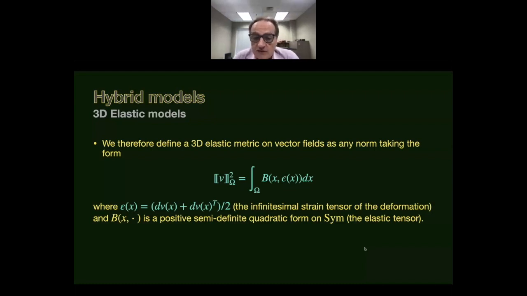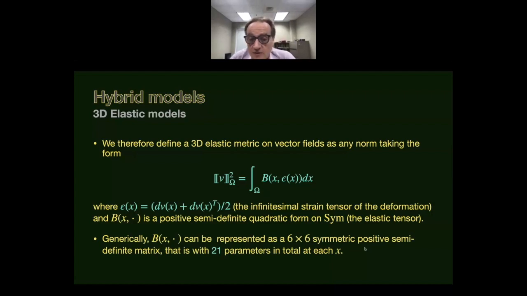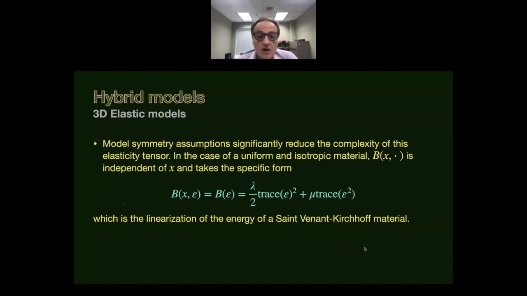This is the infinitesimal strain tensor of the deformation. And B can be, at this level, any positive semi-definite quadratic form on the set of symmetric matrices. If you just count, that means that there are 21 parameters available to B. If you do the usual thing in elasticity and try to remove invariances, like Euclidean invariance, you get back, without any surprise, to known models such as the Saint-Venant-Kirchhoff material, which is just defined by its Lamé coefficients.